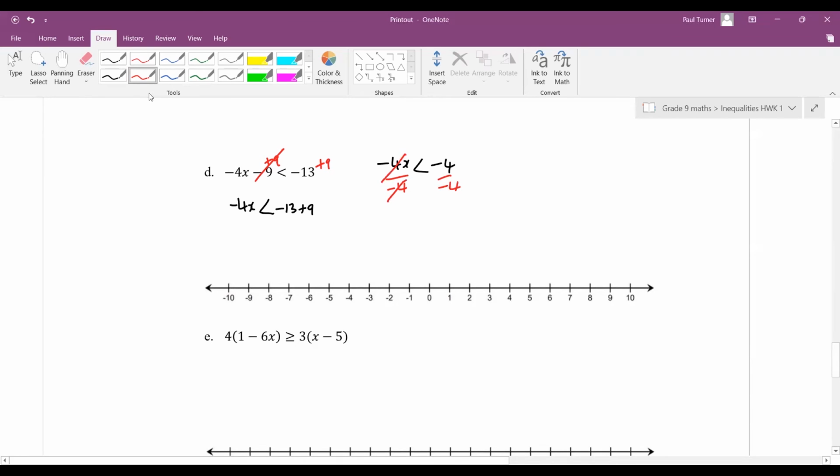Cancel out your -4. So x will be greater than 1. Like that. So then x is greater than 1, which is here. So I put an open circle because we're not including 1. And then draw your arrow in the right direction to positive infinity. So any number more than 1.